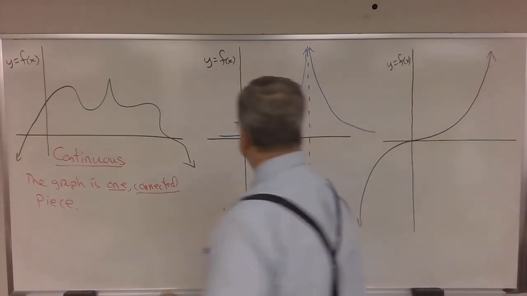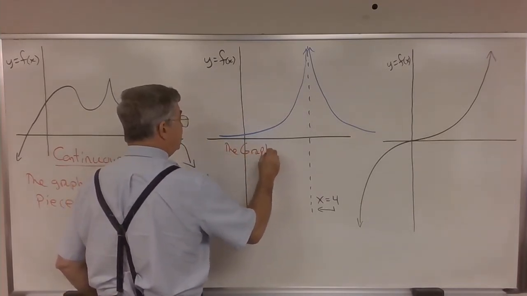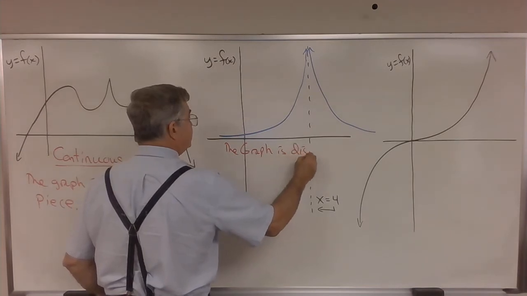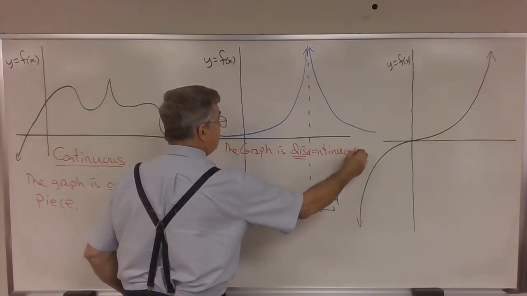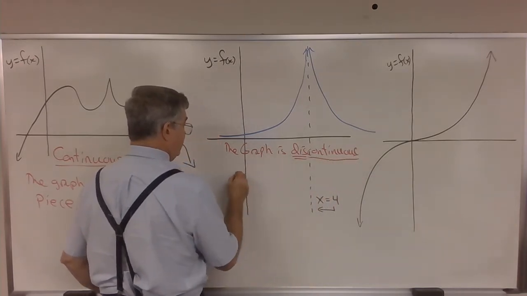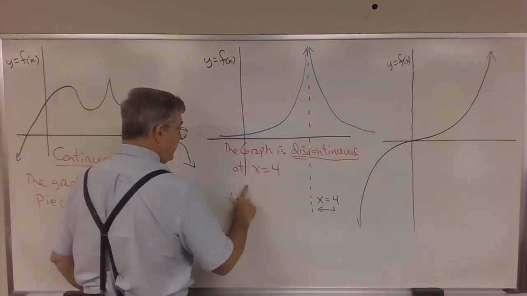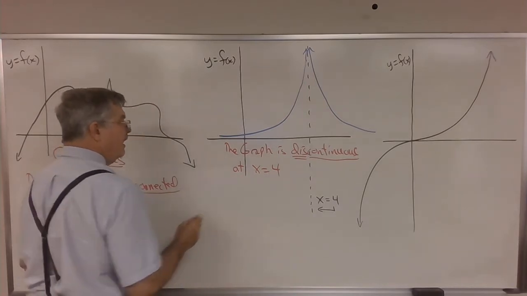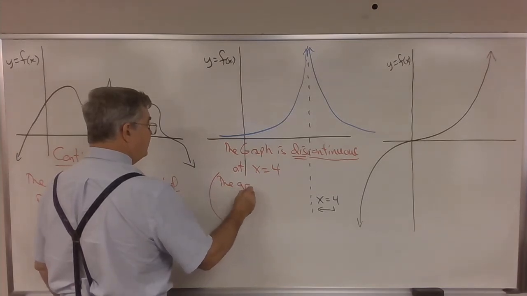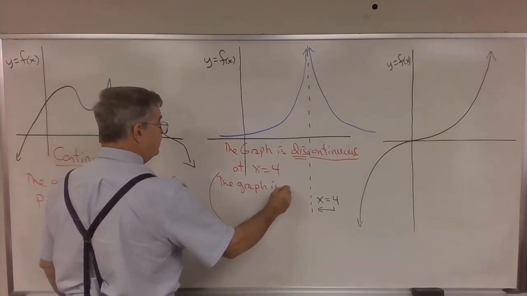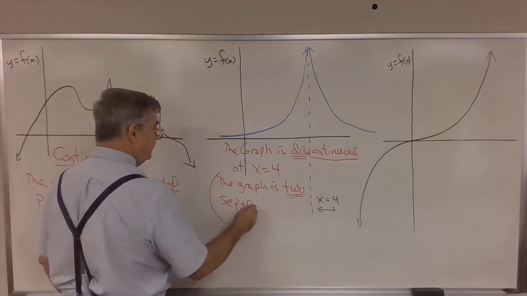So here's what we would say. The graph is discontinuous at x equals 4. And to justify our answer, we might say something like, the graph is two separate pieces.